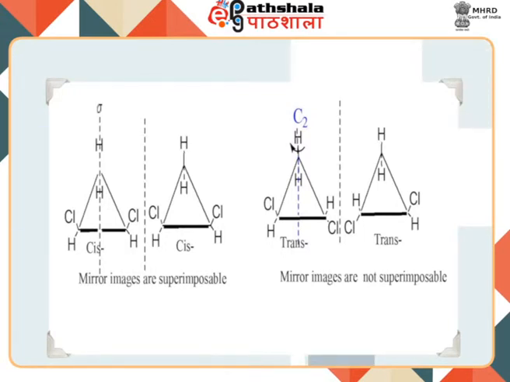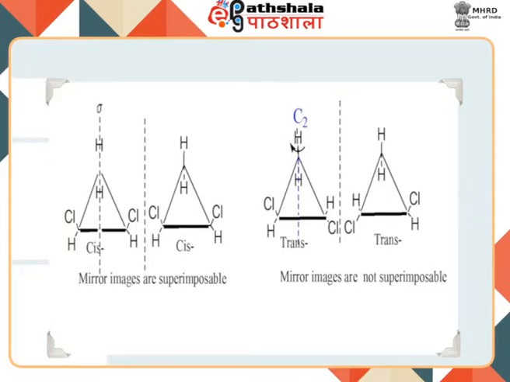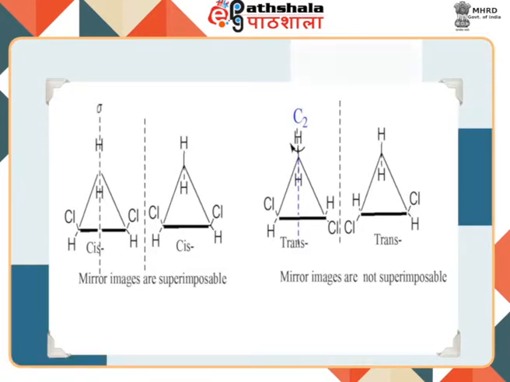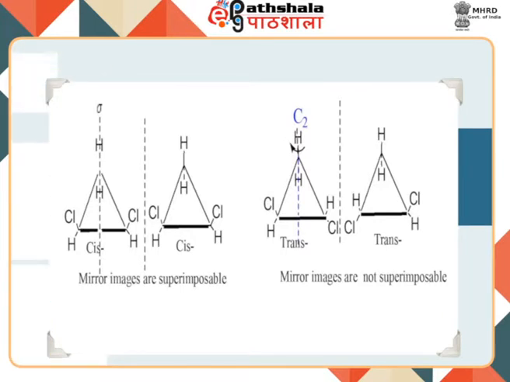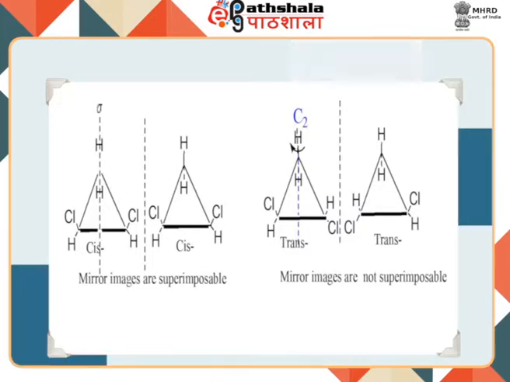The trans form has a C2 axis in the plane of the 3-member ring system, bisecting the C-C bond bearing chlorine atoms and passing through the carbon which has 2 hydrogen atoms attached to it, that is, the methylene carbon atom. As shown, these two are shown. Thus, trans 1,2-dichlorocyclopropane does not have sigma or S2 axis, so it is optically active.